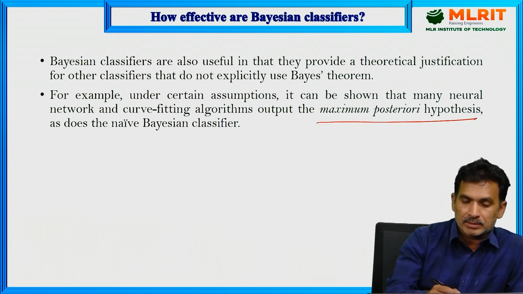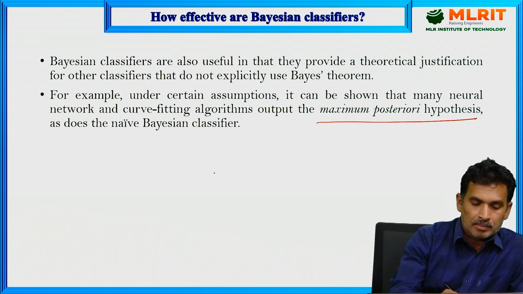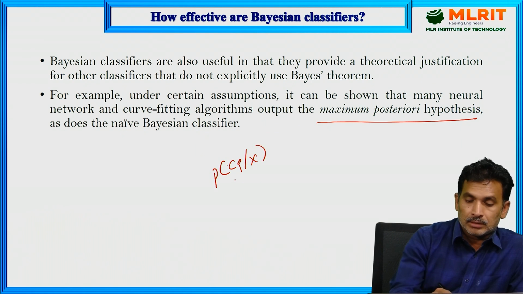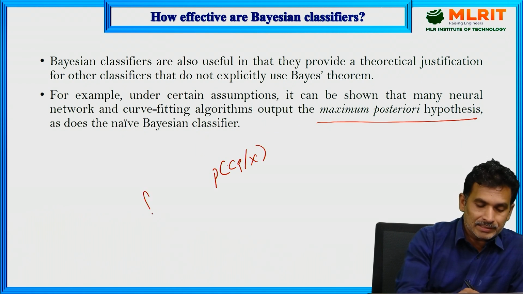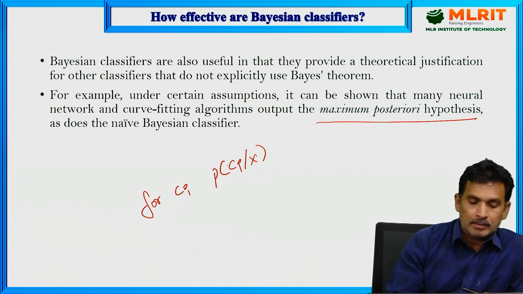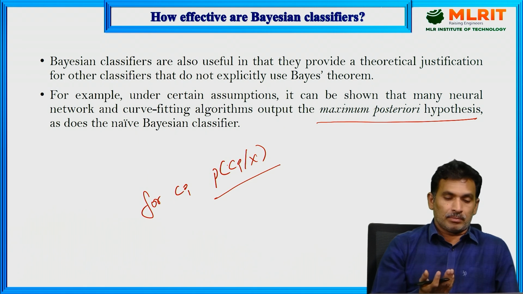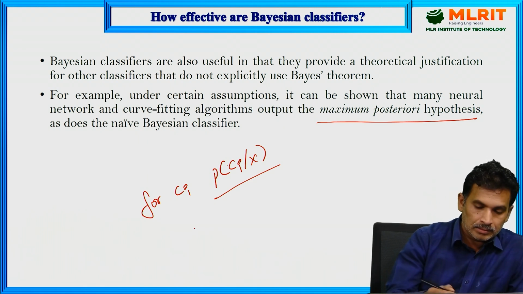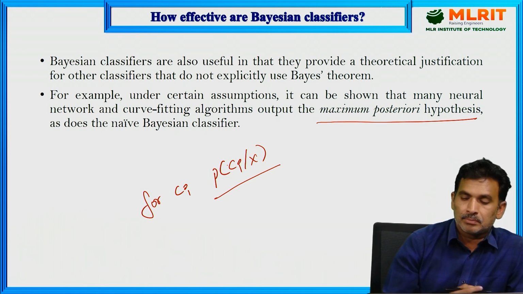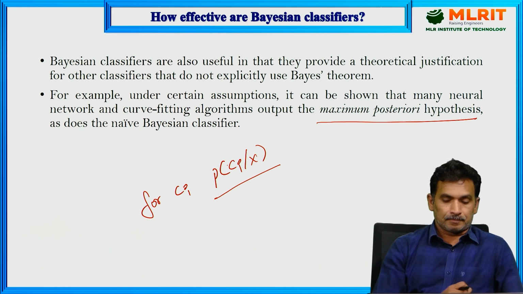That is, maximum posterior hypothesis means probability of Ci given x. So for a class label Ci, the probability of Ci given x is maximum, and that is the maximum posterior hypothesis.